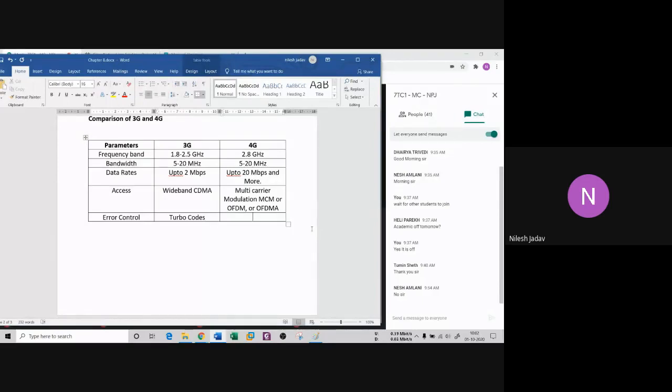Okay, so the code available for 4G is something called a concatenated code. Concatenated, I am very bad at spellings. Concatenated codes means it is not only a single code. After a block of modulation, you can put one code, and then after another block, you can put another error control block.